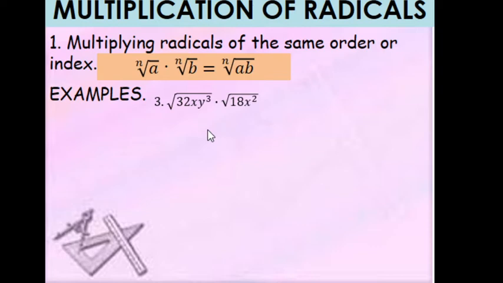So, ang gagawin na lang natin is kuhanin ang factors ng 32xy cubed and factors ng 18x squared. And ang goal natin ay makakuha tayo ng isang factor na perfect square. So, ano ba ang factors ng 32xy cubed na ang isang factor ay dapat perfect square? So, ang factors ng 32 is 16 and 2.